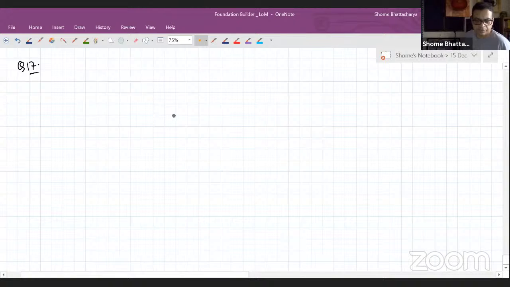Okay, so question 17 next is saying that you have a block of given mass suspended from the ceiling through a massless spring of spring constant K, which is given to you. What is the elongation in the spring? So in the first case, it's very simple. All you have done is you have suspended a given block using an ideal spring.